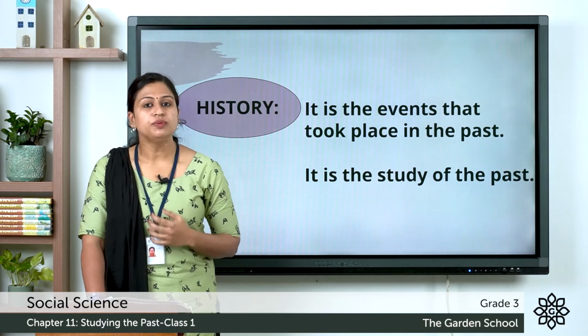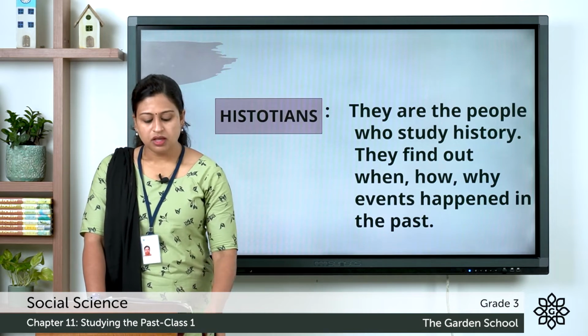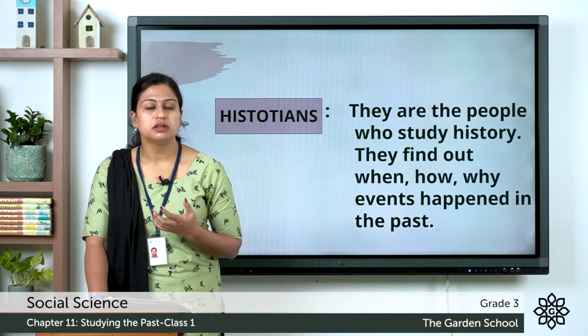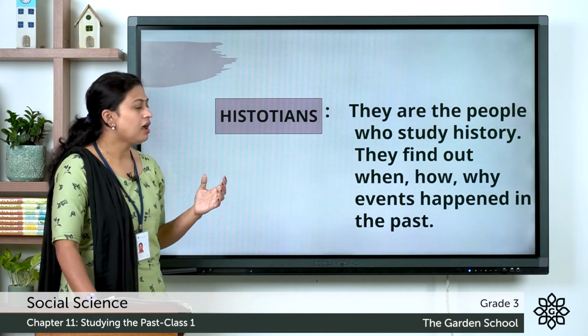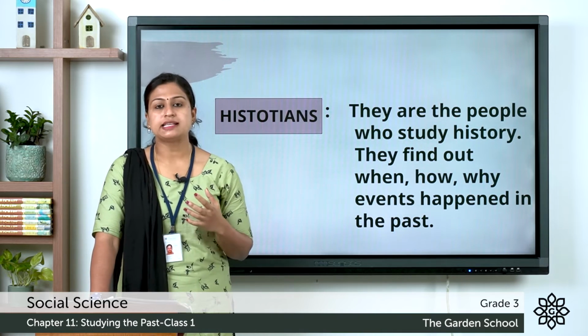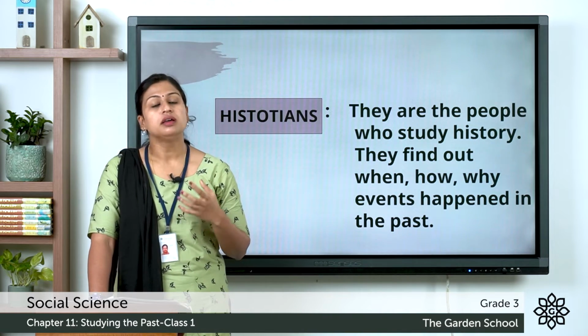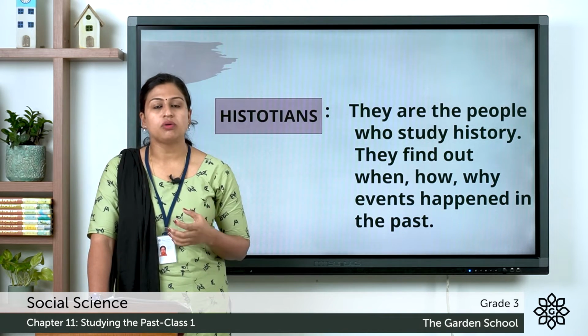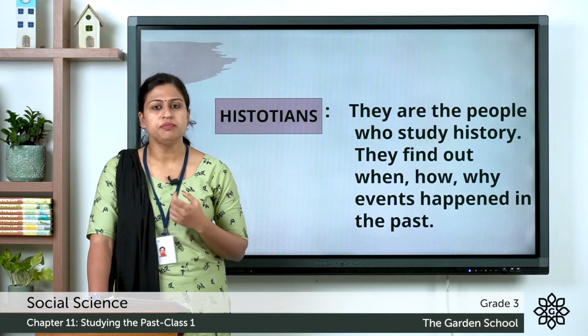Now, how do we study history? We study history by using various tools. The historians are the people or experts who study history, and they use different tools. These tools are like timelines, old books, pictures, and many others.